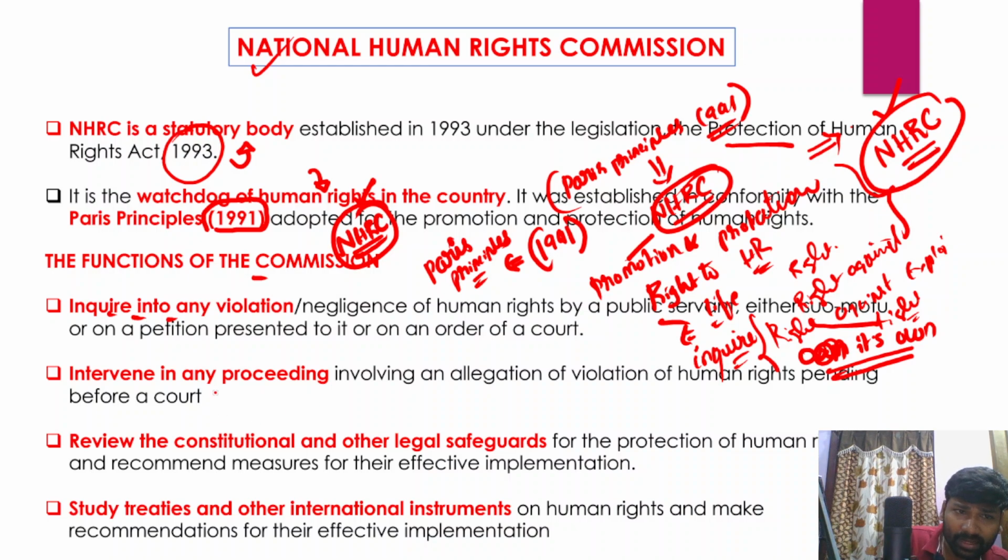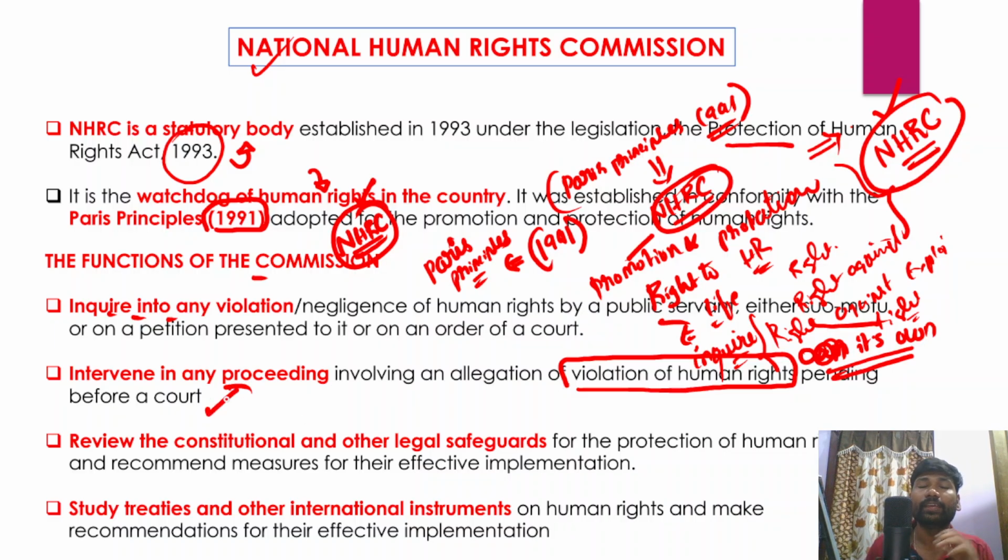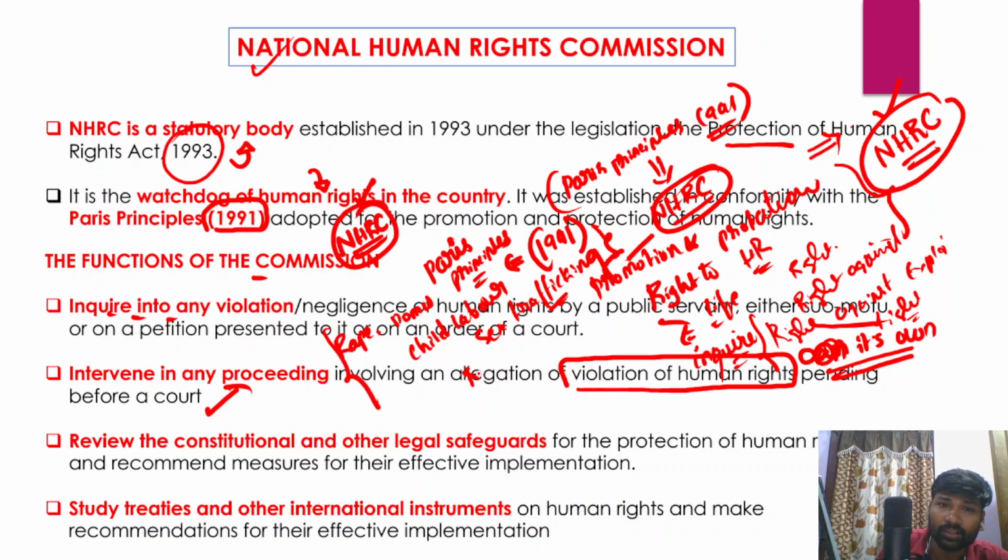Similarly, it can also intervene in any proceedings involving allegations of violation of human rights which are pending before any court of law. For example, when it comes to rape, domestic violence, child labor, sex trafficking, all these things come under human rights, and it is under the ambit of the National Human Rights Commission.